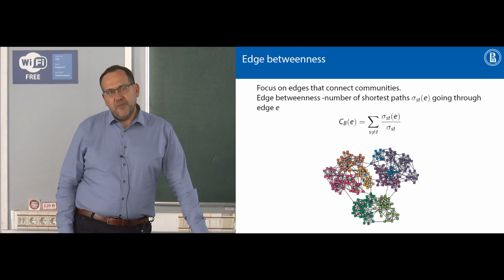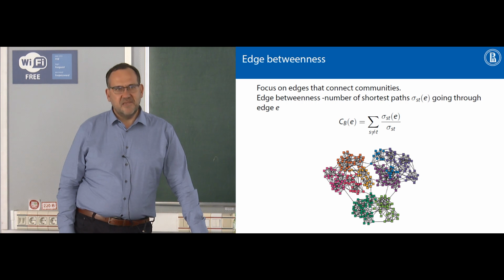Remember, last time we talked about centrality metrics for nodes. Which metric was about shortest path? Speak up. Betweenness centrality, right?